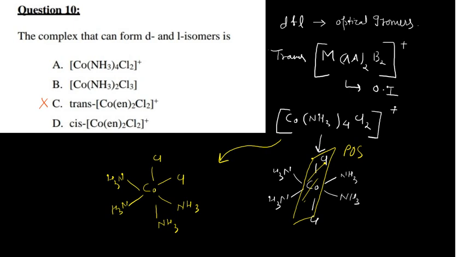Say this is your cis isomer, and if I bisect this from here to here, or here to here, this can actually be your option. You're putting chlorine at 90 degrees, no plane of symmetry. Here no plane of symmetry. So this could be your option.